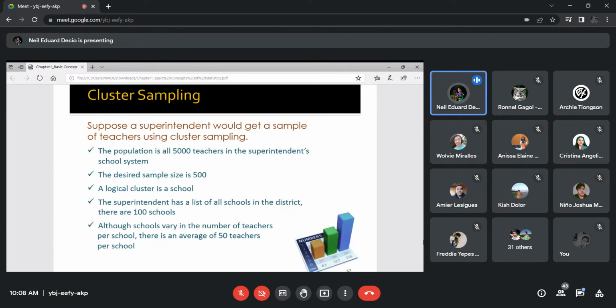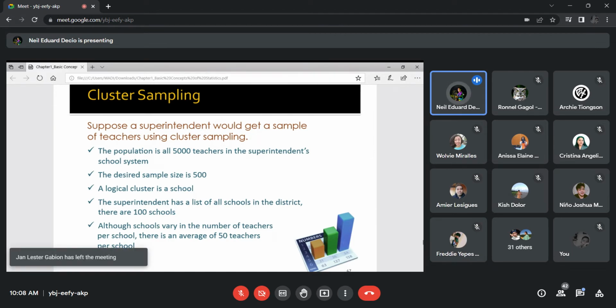That is why there is a need for cluster sampling here, especially when the scope of the study covers different places. So instead of randomly selecting samples, you cluster them, by school in this case since this is a district.